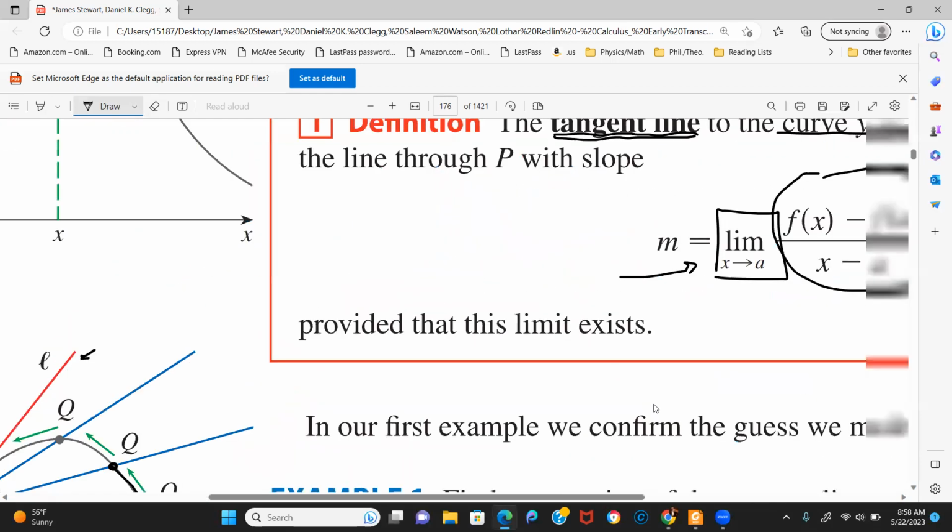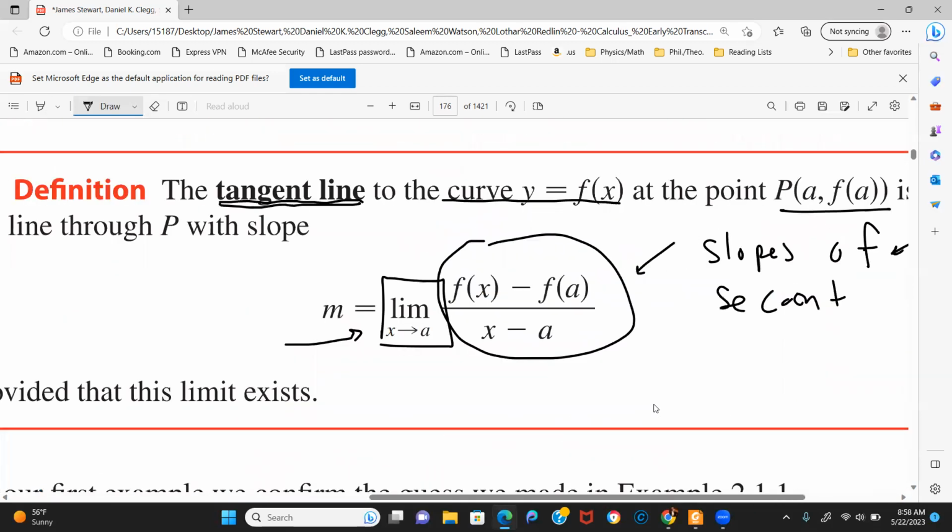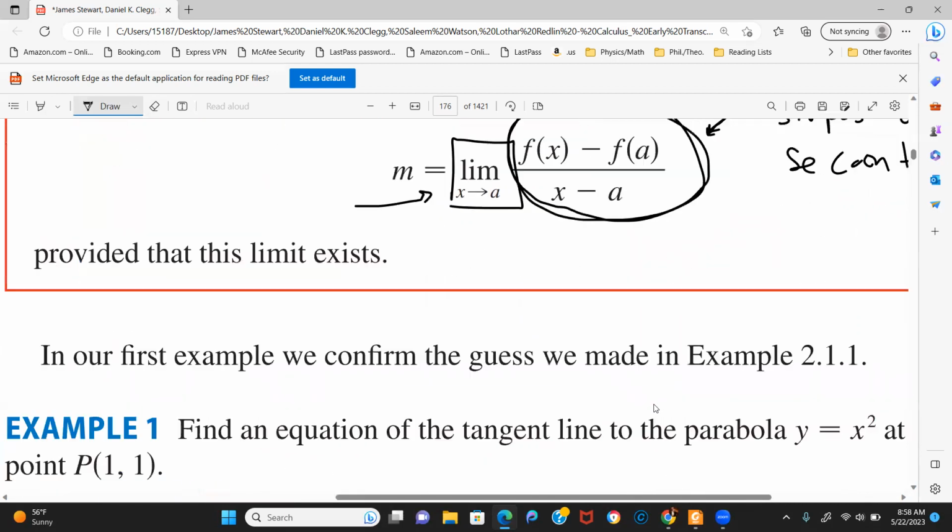That's exactly what this is saying. You have these slopes of secant lines, which I circled, and then you take the limit, and the slope of the tangent line is the thing that the slopes of these secant lines are approaching.